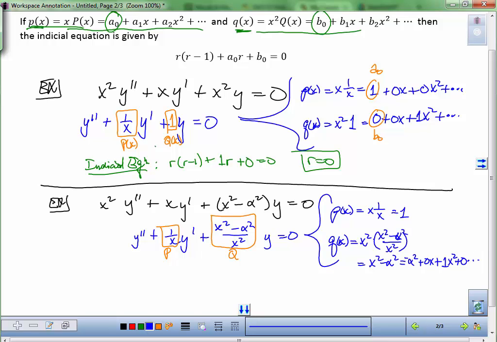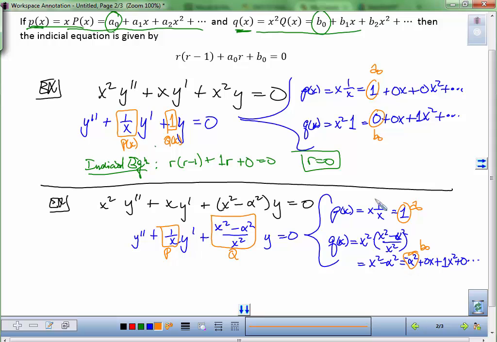So by doing this, I can identify my B naught. That's my constant term for this power series expansion for little q. Then this would be something with an x cubed in there.